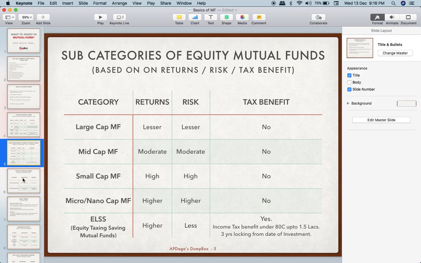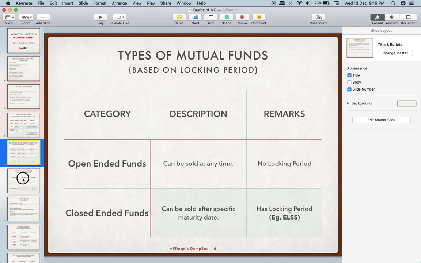Okay, once that is done, see, these are the basic theoretical things. I know these are quite boring, but these are necessary. Then based on locking period, there are two categories, open-ended and close-ended. Open-ended means you can sell it at any time, there is no locking duration.